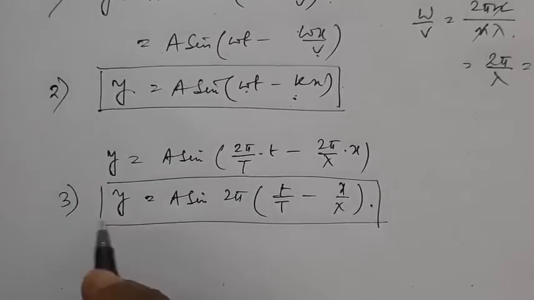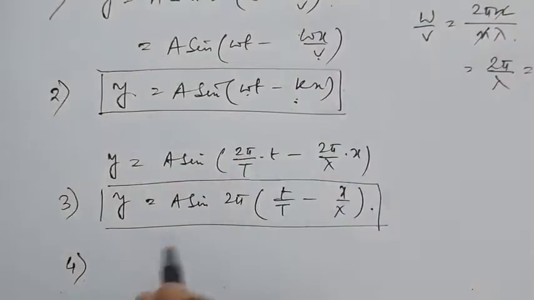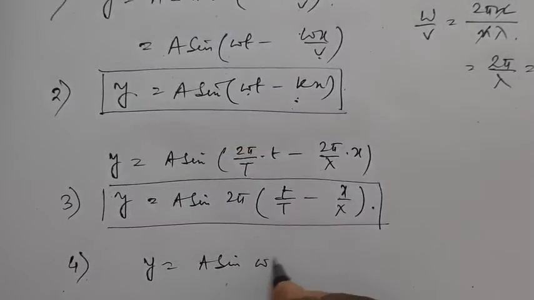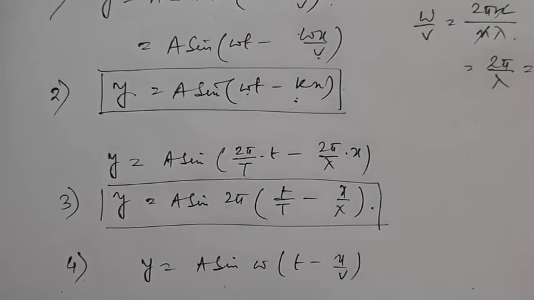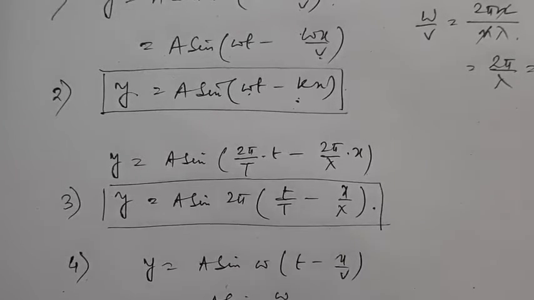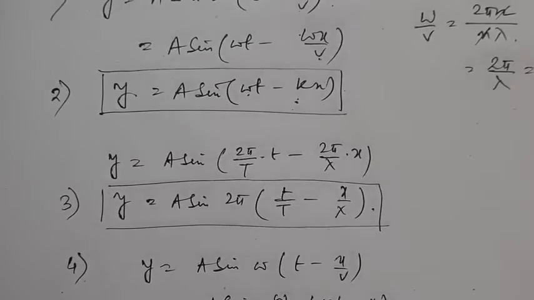Now another form you can write like this. If you take the first form, a sine of omega into t minus x by v, and take v common, omega by v becomes the factor, so it is vt minus x.